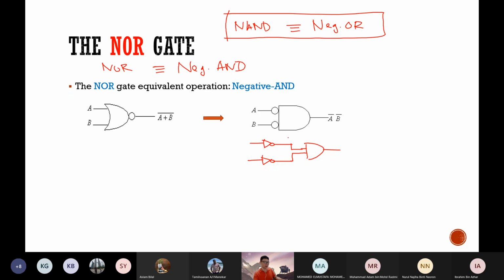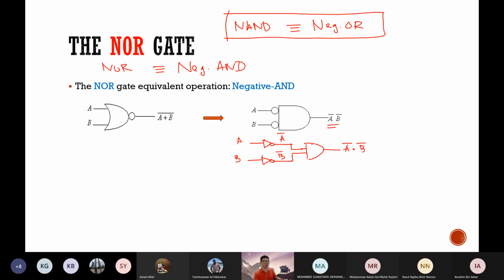So this is A and B. Over here, after going through the NOT gate, is A bar. Going through the NOT gate is B bar. Then over here is A bar multiplied with B bar. Or you can write it like this; the multiplication sign is sometimes not written down.